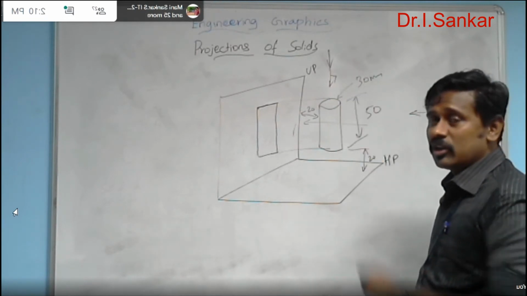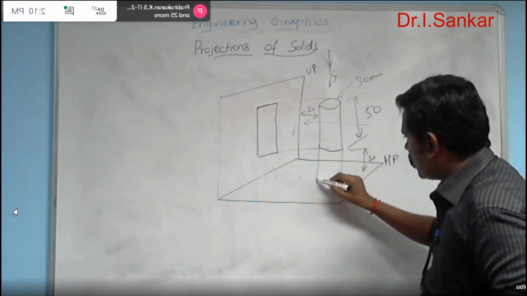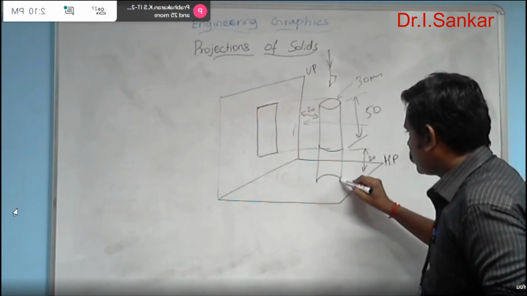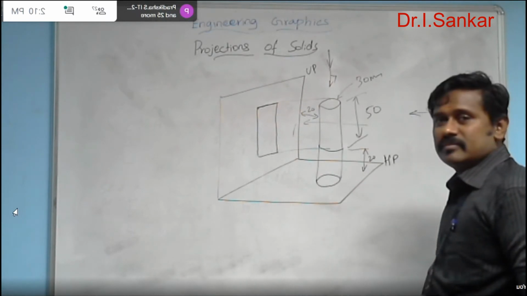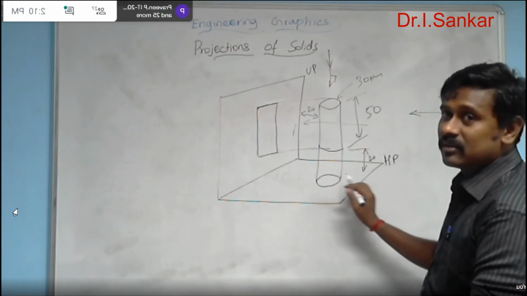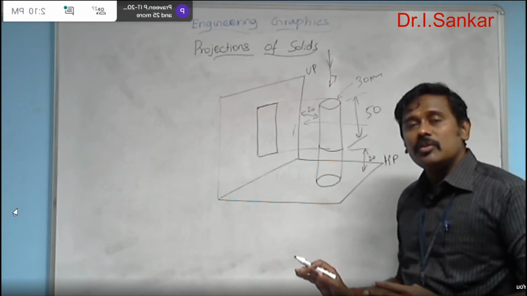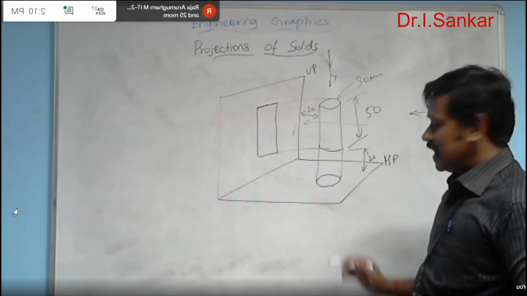In that way, you need to stand and look at the solid. And what will you get in the horizontal plane as your top view? A pure circle will be obtained as the top view. Here I am drawing it as an ellipse, just as a 3D illustration, but in exact, you are going to get a circle only as a top view.